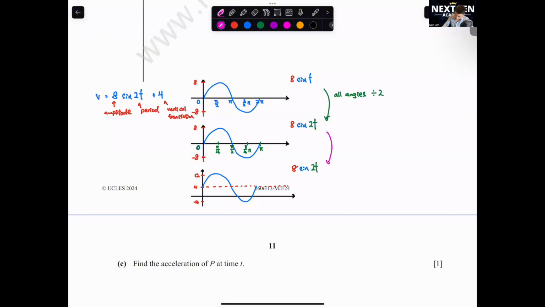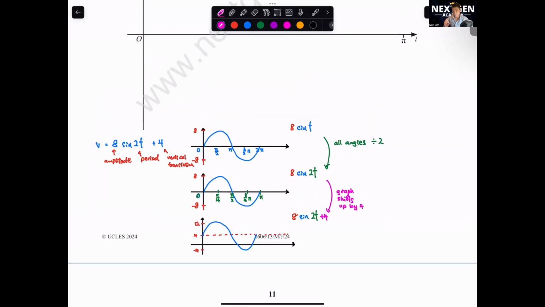Now plus 4 means the graph shifts up by 4. I'm trying to go as detailed as I can to explain step by step over here. Everyone good? Understand until here?